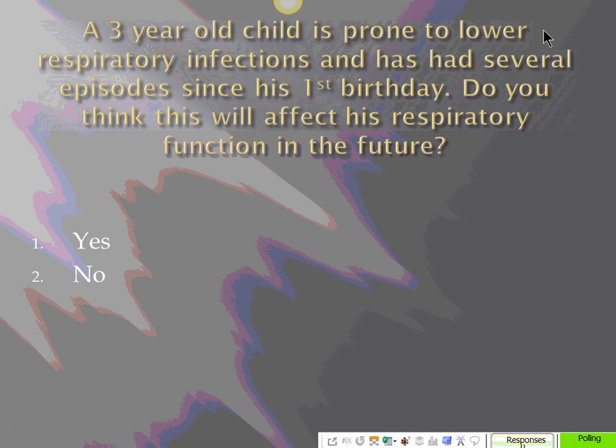So let's review some of the things. You have this 3-year-old child who's prone to lower respiratory infections and has had several episodes since his first birthday. Do you think this will affect his respiratory function in the future?